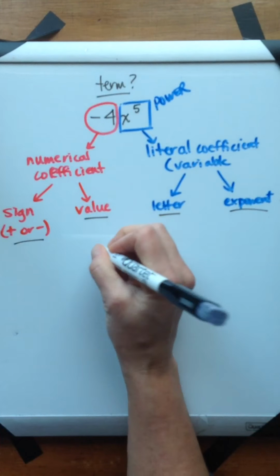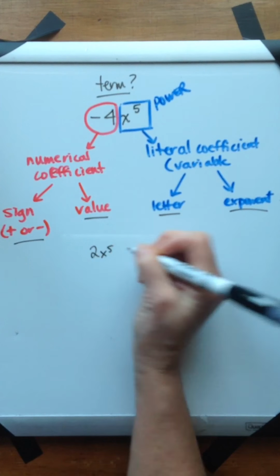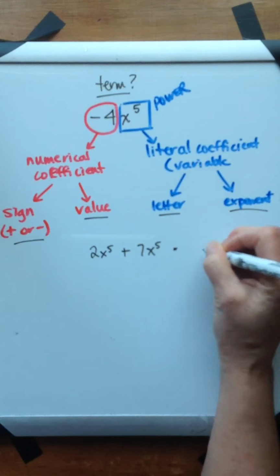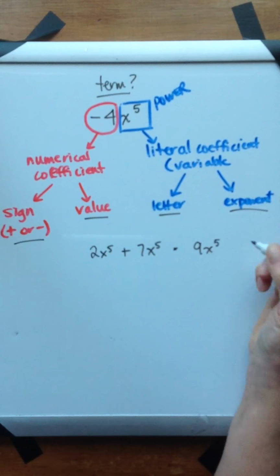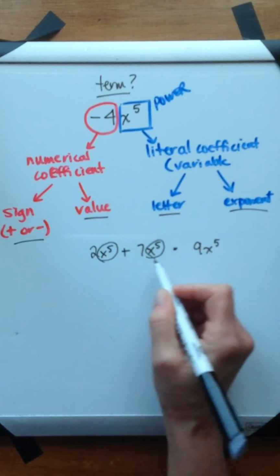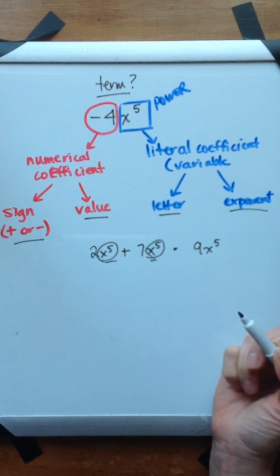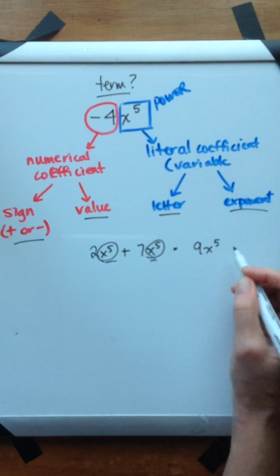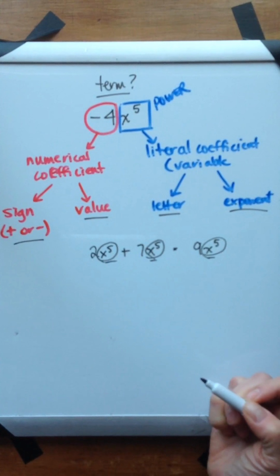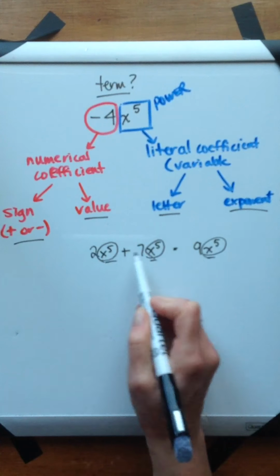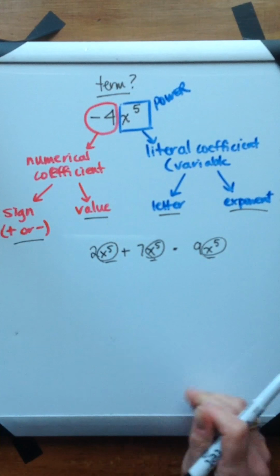So if I have 2x to the 5ths and I have another 7x to the 5ths, altogether I have what would be called 9x to the 5ths because the literal component of these terms is identical. And it's kind of like the analogy of saying I have 2 apples and 7 apples, and that would give me 9 apples. So 2 things, 7 things, 9 things. The thing is the literal coefficient.